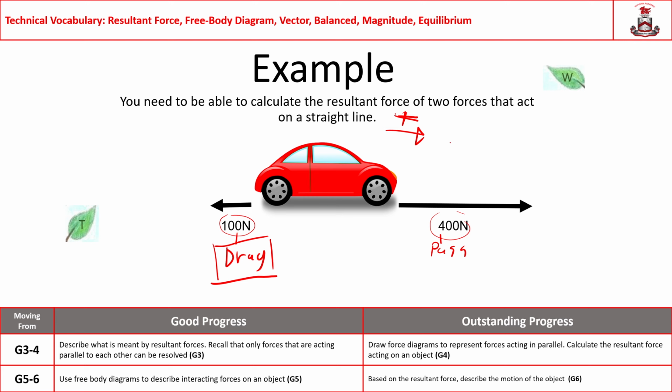So what I get is my resultant force equals 400 newtons take away 100 newtons. So my resultant force equals 300 newtons. And because this is a positive number, it's going to the right. So that is my resultant force.